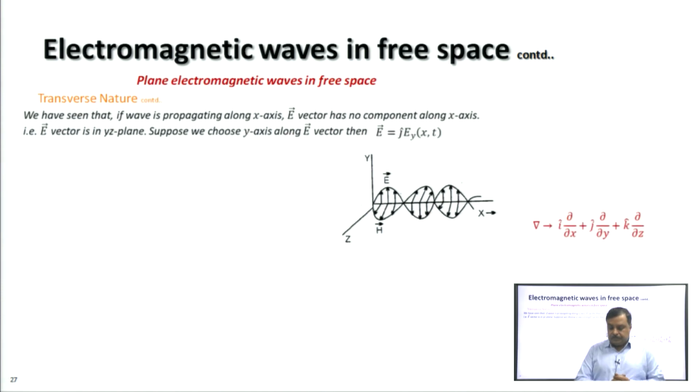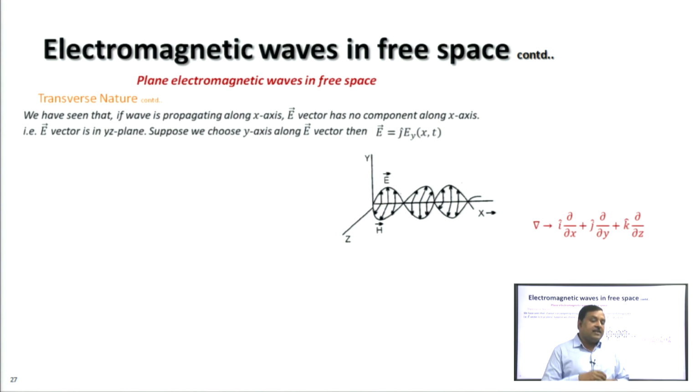So, now plane electromagnetic waves in free space we are understanding, and transverse nature. We have seen that if wave is propagating along x axis, then E vector has no component along x axis, means E vector is perpendicular to the direction of propagation, and E vector is in the y z plane. Okay.